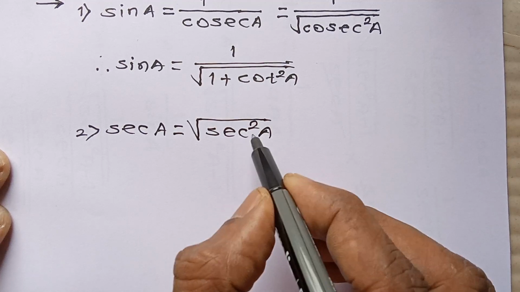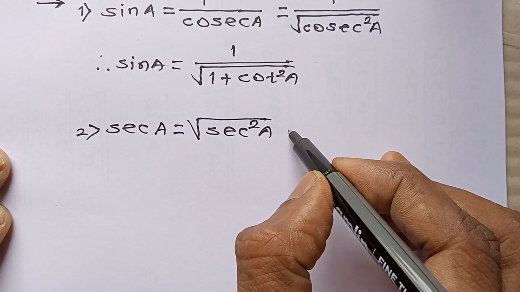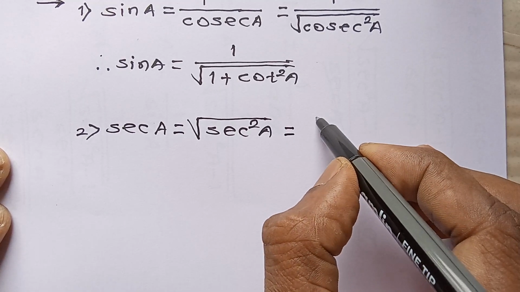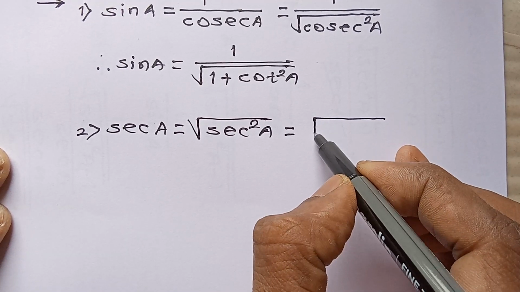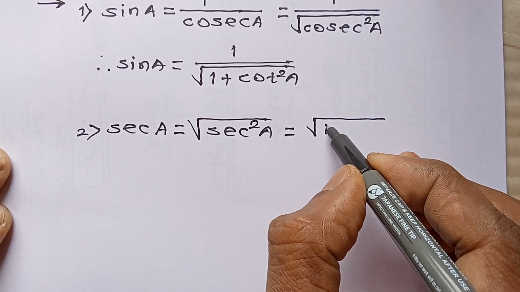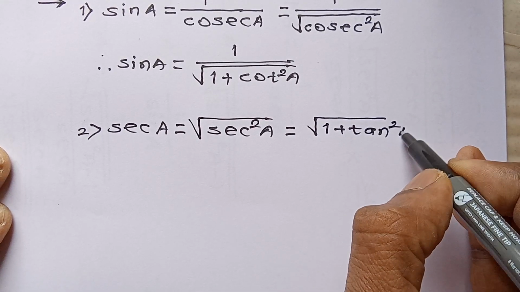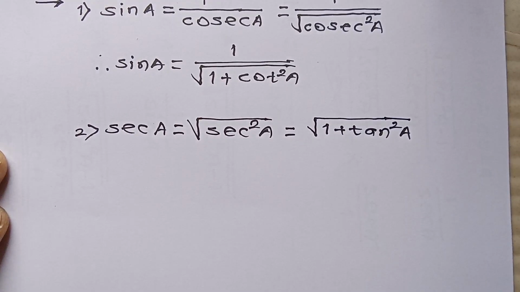Means sec A we convert to square root of sec square A, because we know the formula for sec square A. Therefore, for this square root of sec square A we write the identity 1 plus tan square A. This is the identity.